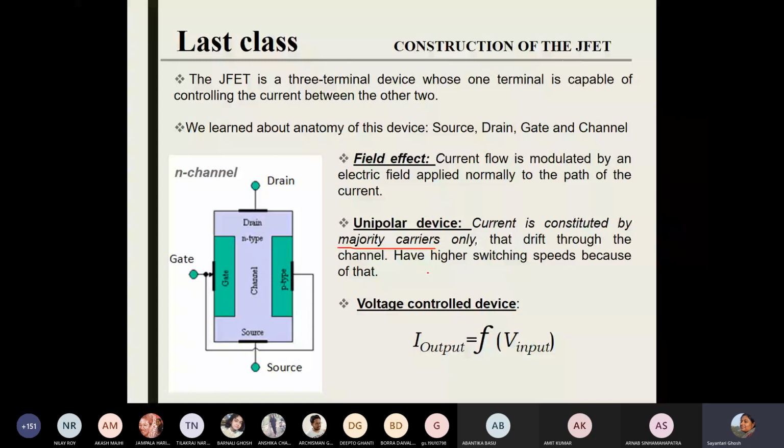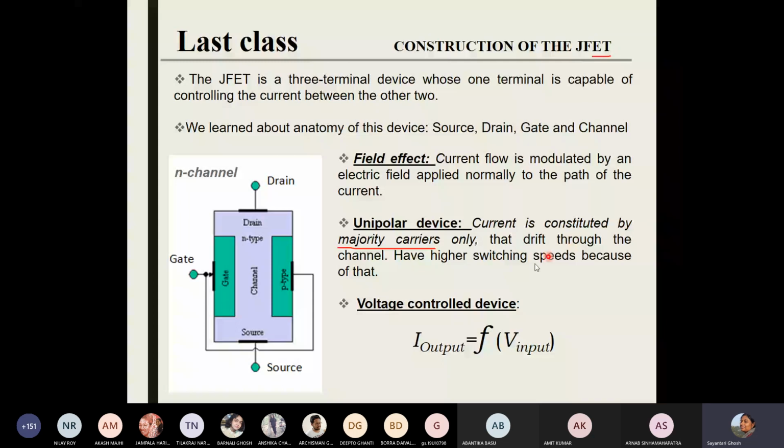But in these devices, JFETs, the field effect transistors, you have unipolar devices where only the majority is contributing in the current. So the current is constituted by the majority carriers only.